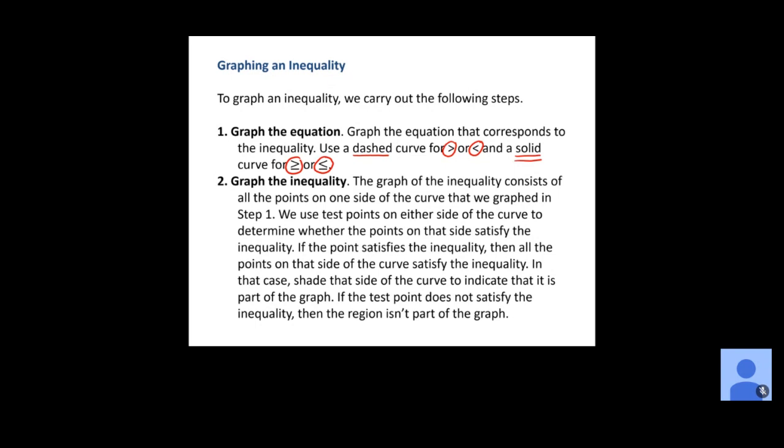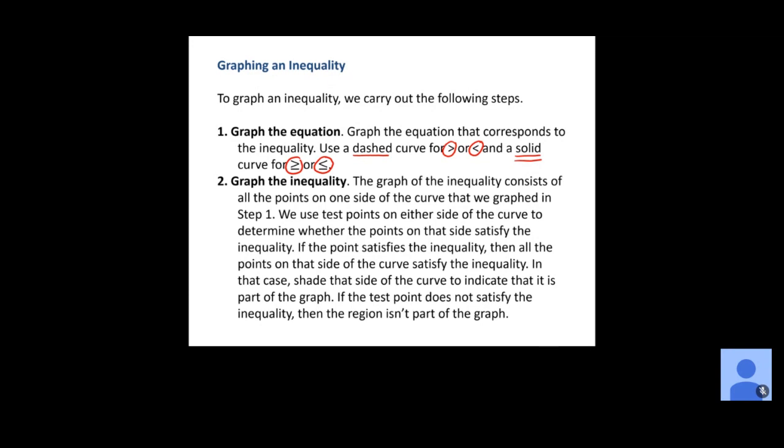Once we have the curve or the line itself graphed, then we have to choose a point somewhere on our graph and plug it in to see if we get a true statement. If we do, then we're going to shade everything towards that point. Basically, let's say I graphed a line, and as long as (0, 0) is not on that line, I'll plug in (0, 0). If (0, 0) makes it a true statement, I'm going to shade everything towards (0, 0) on my graph.